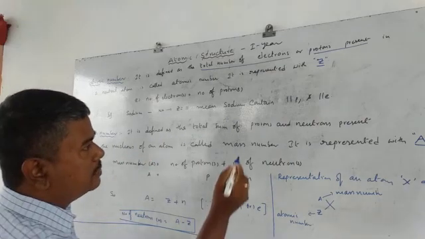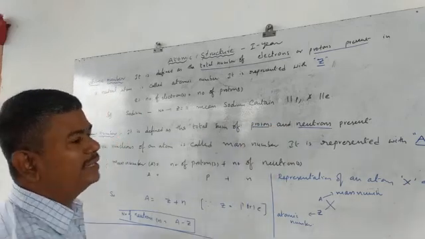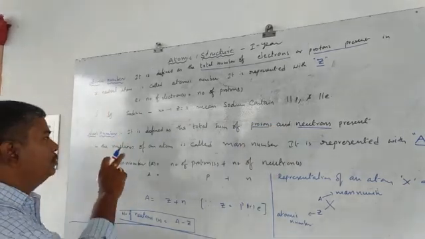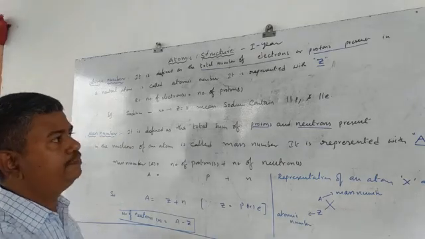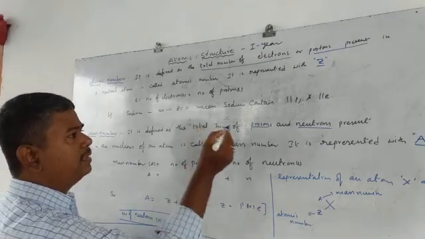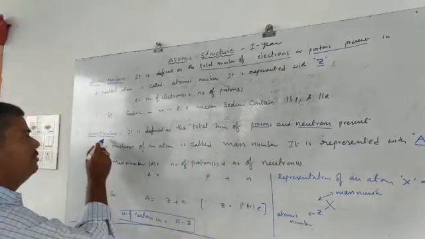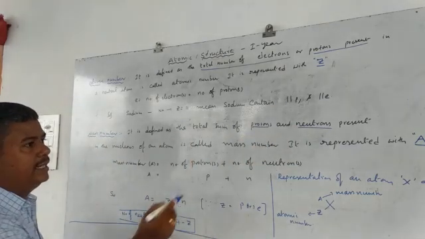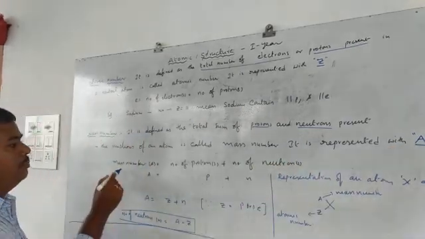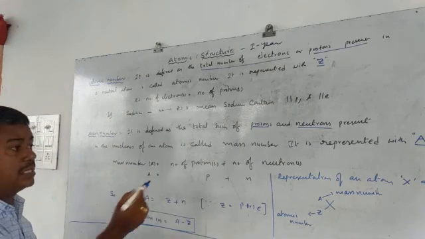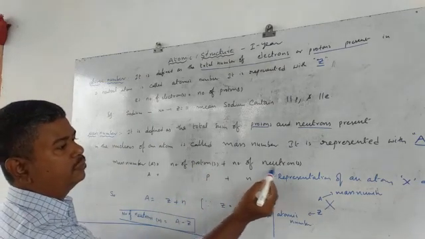Because observe here, protons and neutrons, these two exist in the nucleus only. Am I right? So that's why the total sum of proton number plus neutron number is considered as the mass number, and it is represented with A. So mass number A equals the sum of number of protons plus number of neutrons.